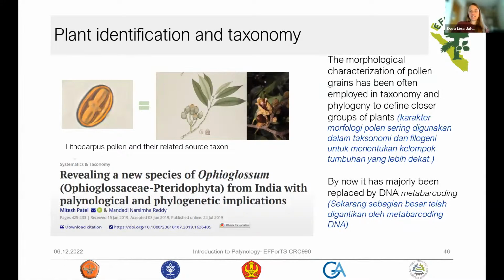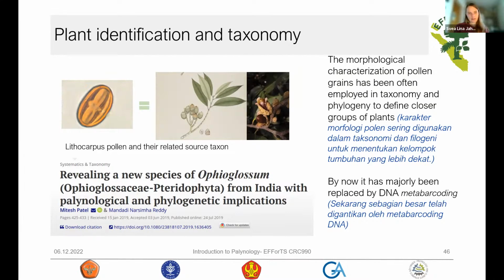Pollen itself can be used for morphological characterization to indicate taxonomy and phylogeny of closely related groups of plants. So for example, Ophioglossum, from the pteridophytes, has been studied palynologically, and a new species was revealed through the palynological features.